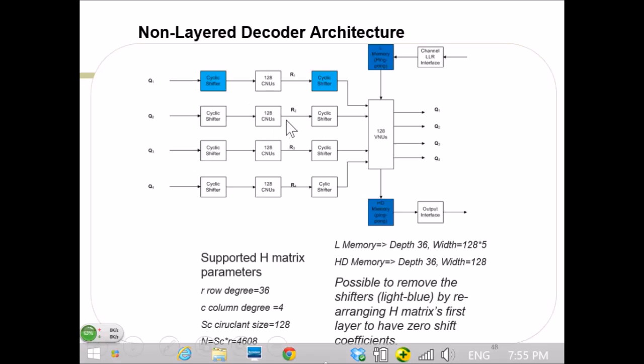For a non-layer decoding, that means I'm doing it on the entire H matrix, these are the 4 layers in the matrix. I have a hardware path for each layer. Once I do all these layers, I do my variable node update. What I'm doing in the layer decoding is I'm doing only one layer, and then I do this variable node update again. And then after this one, I come back here and do this one.